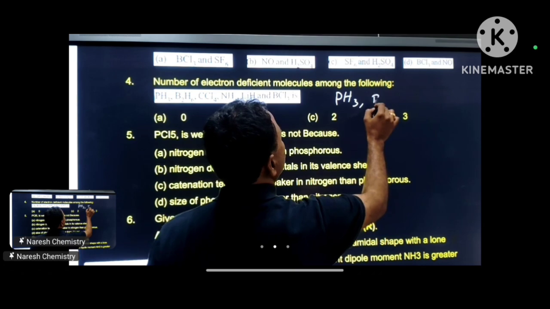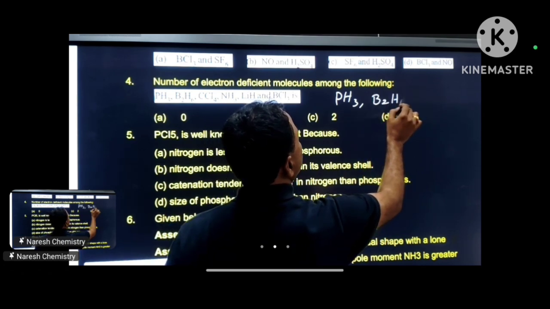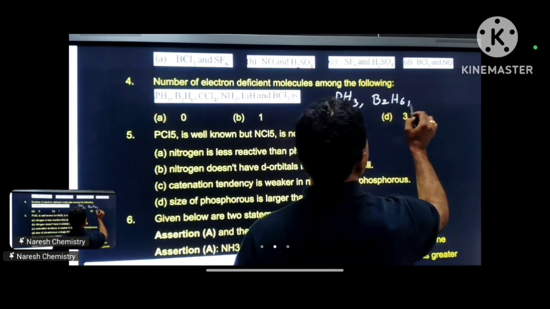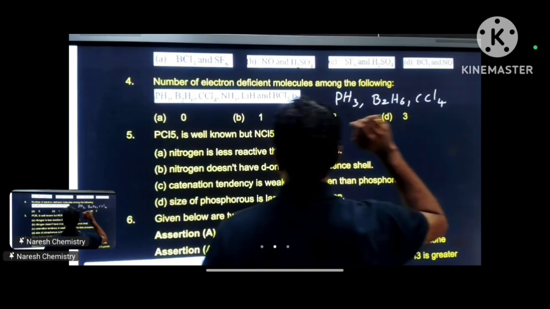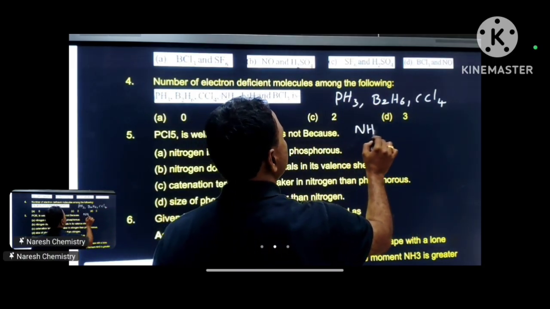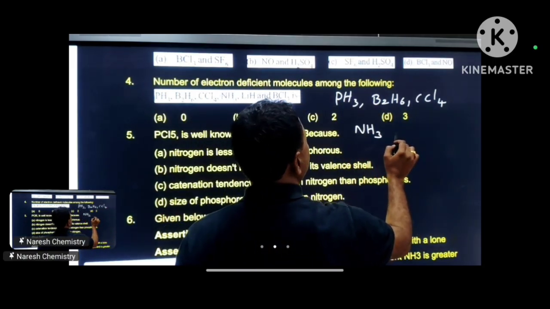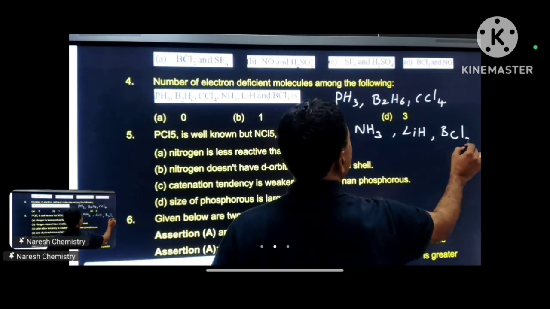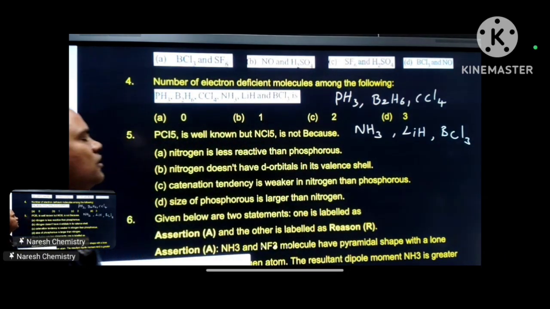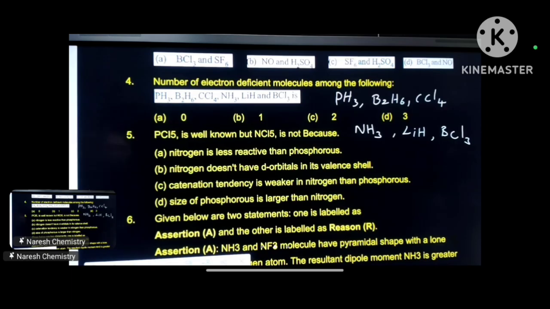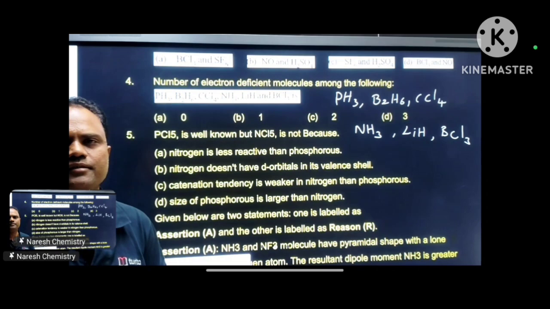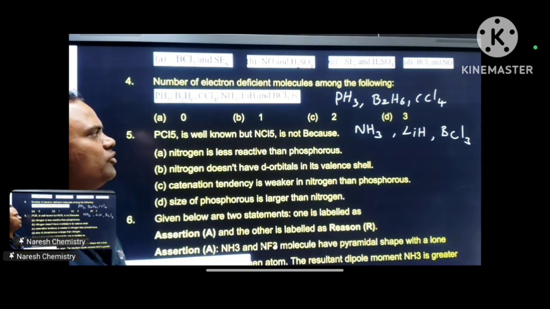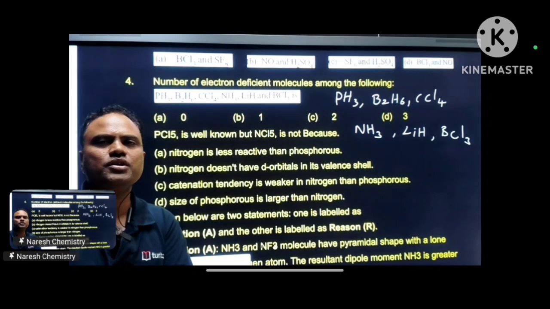Second one is B2H6. Third one CCl4. Next NH3. Next LiH and PCl3. Electron deficient molecules among the following. What about PH3? Is it electron deficient or not?